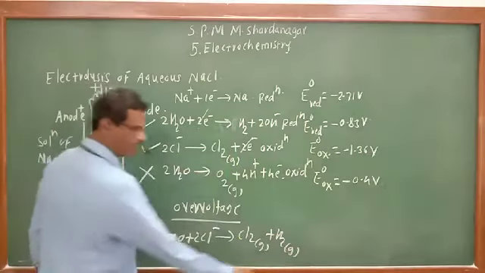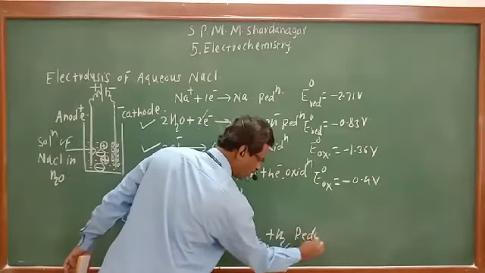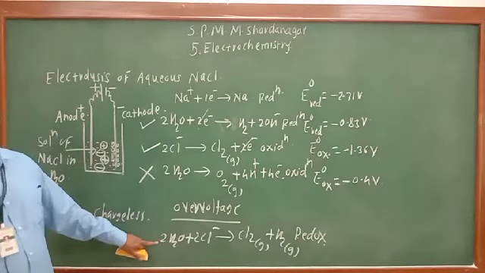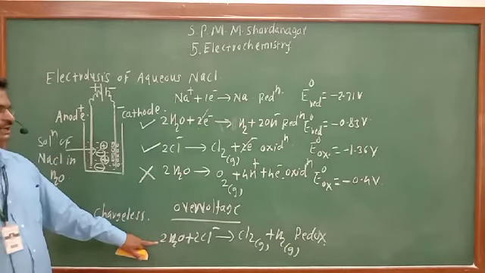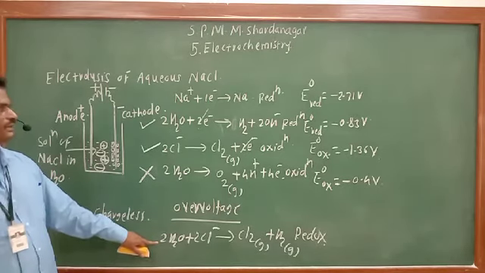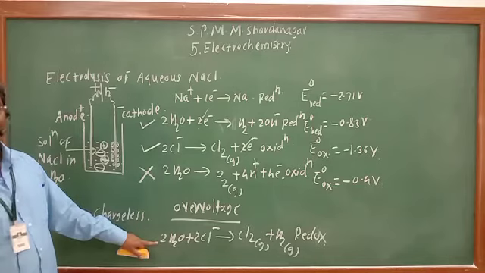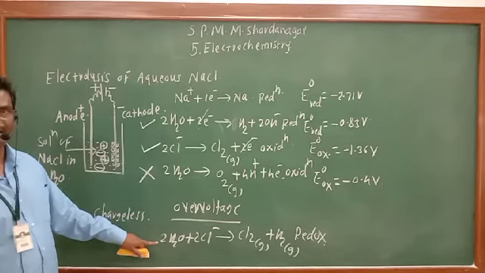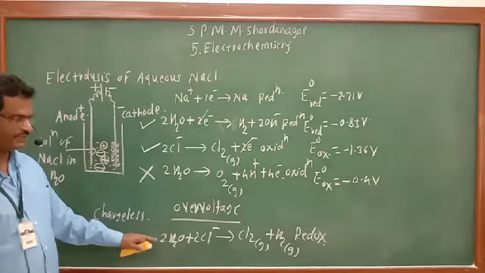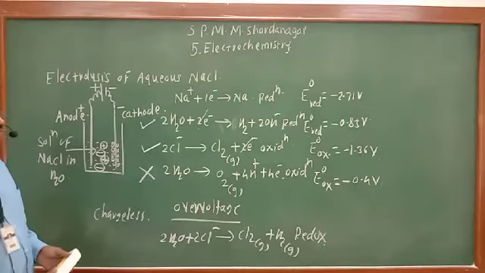This is also known as the net cell reaction, because the net cell reaction is the summation of the reactions at cathode and anode, the summation of reduction and oxidation.